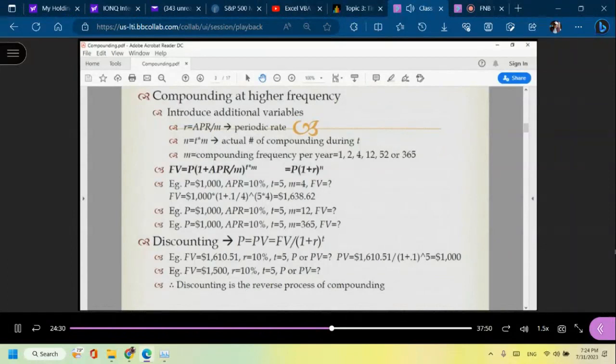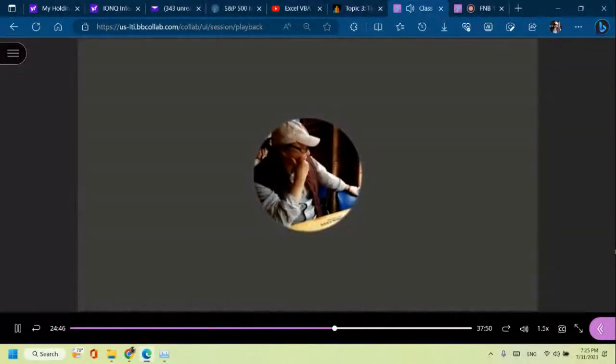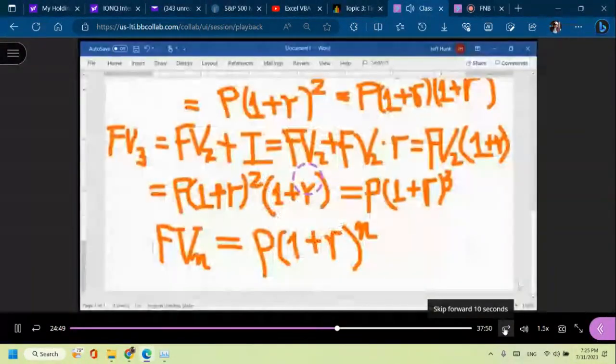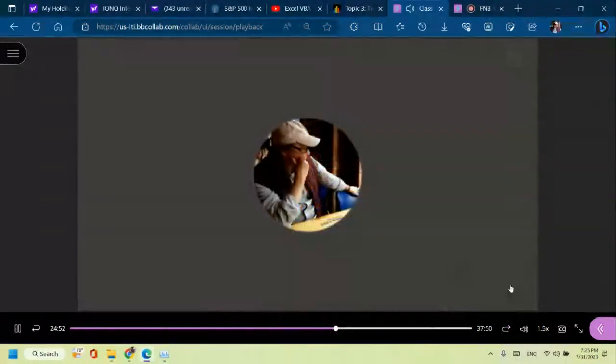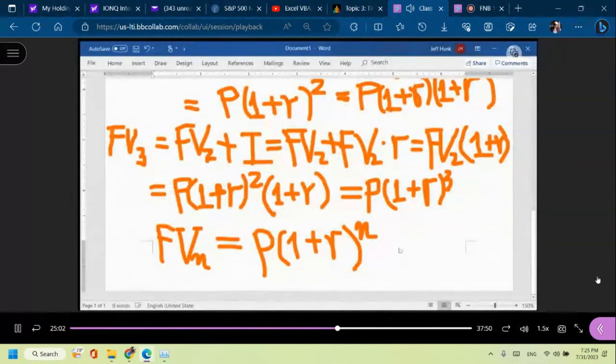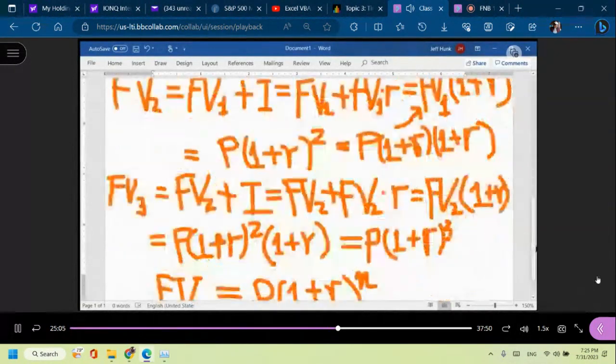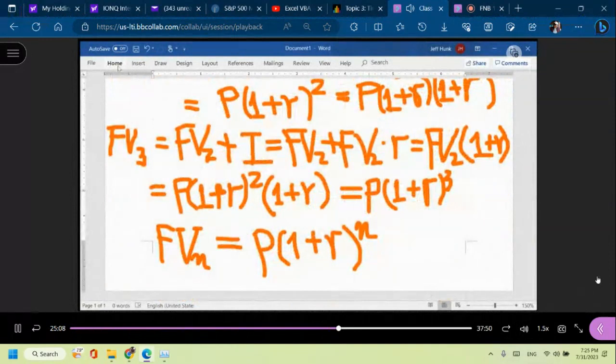In other words, let me introduce additional variables, right? First of all, R, let me go back to the Word file, and let's go to a. How do I?